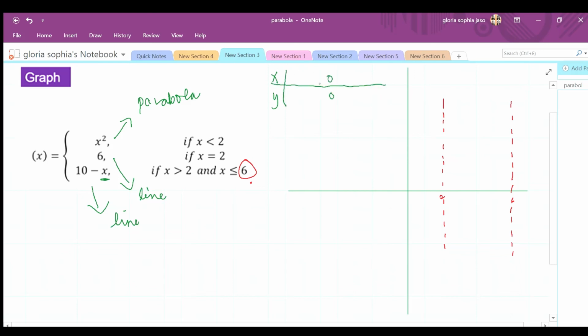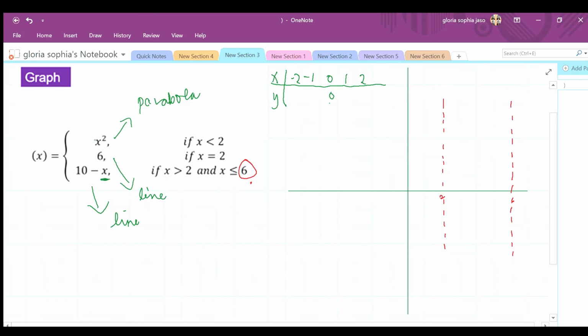So, 0, 0, 1, negative 1, negative 2, 1, 0, 1, 2. Okay, so si x squared. So, 0, 0, evaluate natin. If x is 0, so 0. Ayan. Nalagay ko na kanina.